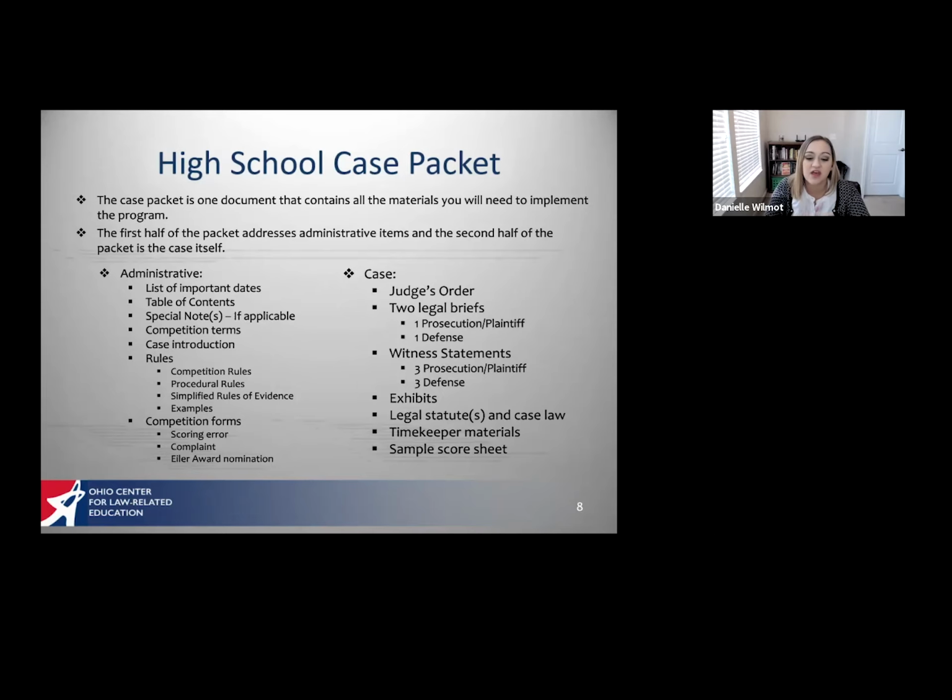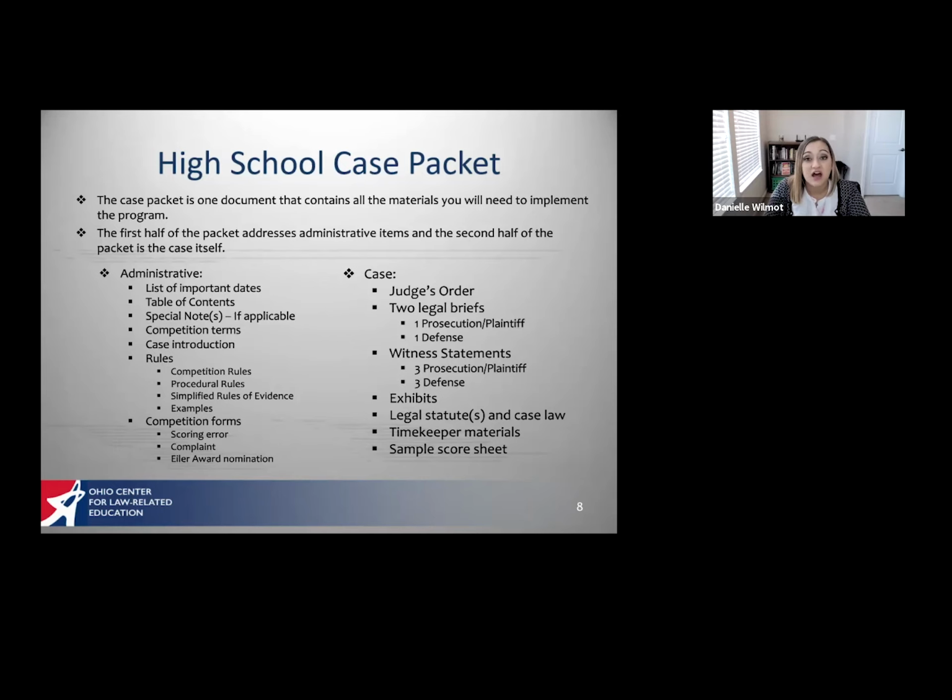And then this next section is really important for the students to understand. It's important for everyone, but this is what students will be using anytime they make an objection or know how to proceed with a certain part of the trial. So this next section is called the Simplified Rules of Evidence.